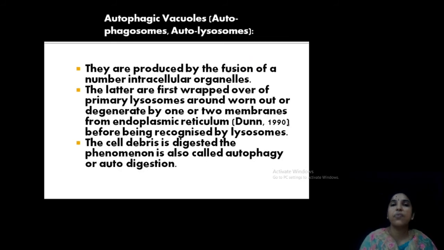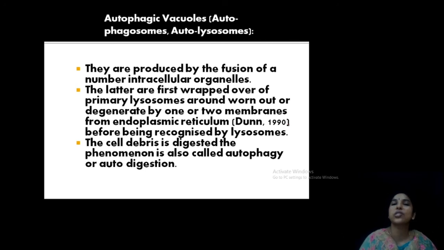Clear? Then autophagic vacuoles. What are autophagosomes or autolysosomes? They are produced by fusion of a number of intracellular organelles. Lysosomes fuse with some intracellular organelle, and these primary or secondary lysosomes fuse with other cell organelles and destroy them, and themselves as well.